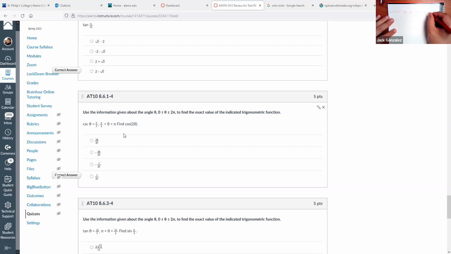So we're given to find cosine 2 theta. They told us that cosecant theta is equal to 5/3. Then they told us that theta is in which quadrant?